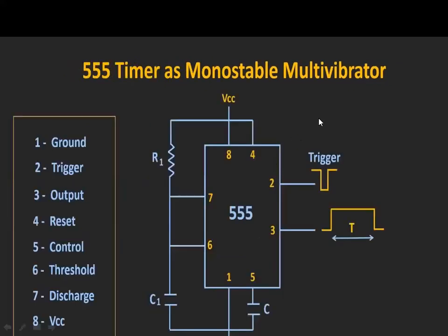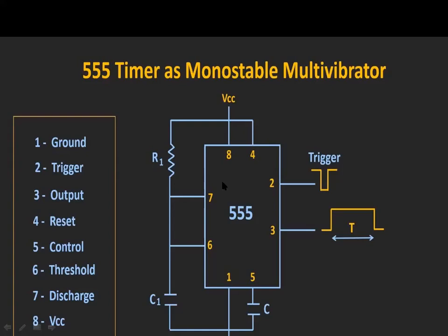Now going to the monostable multivibrator. This is the monostable multivibrator circuit using the 555 IC. As we have discussed the astable multivibrator, first we are going to observe the difference between astable and monostable.